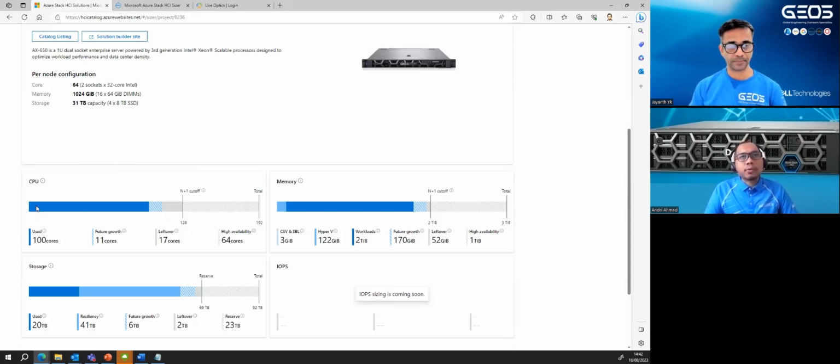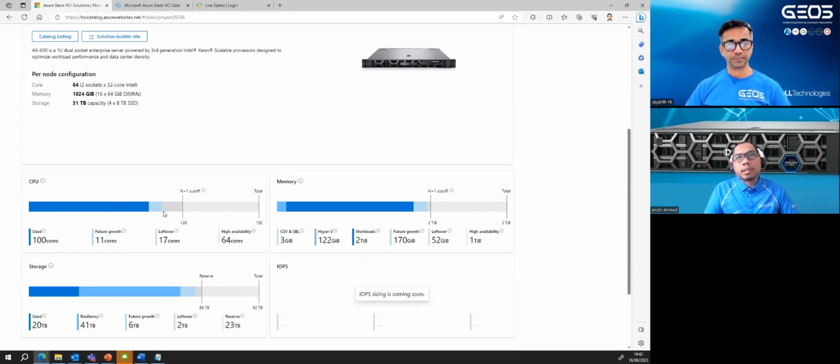So it calculates for you the actual physical core capacity requirement. Your workload will use around 100 cores, and then you also have 10% of growth, so 10% from 100 is around 11 cores. So it has some rounding up in the background, right?